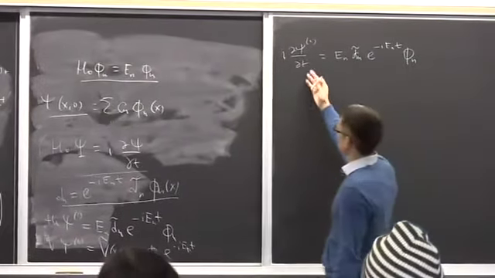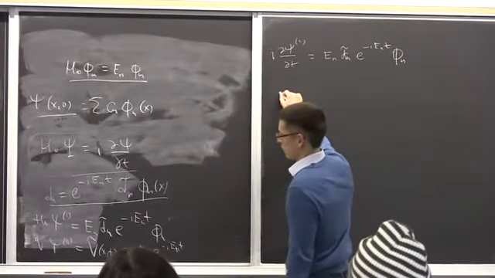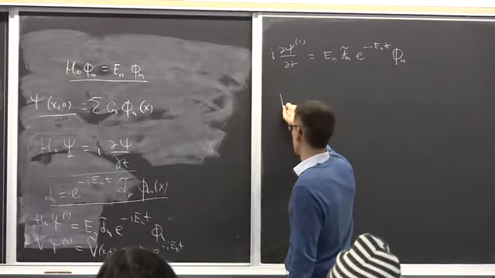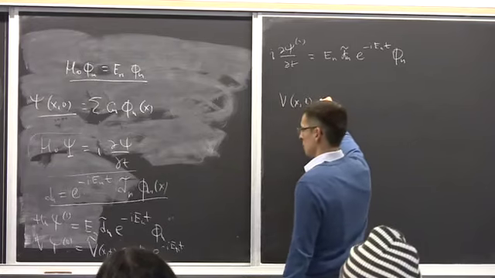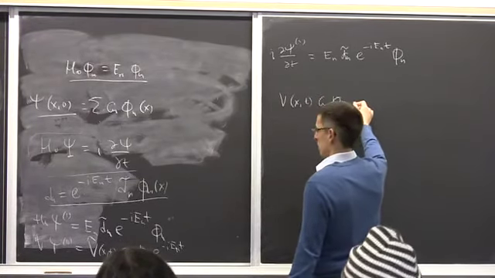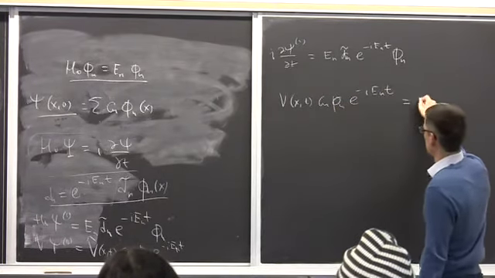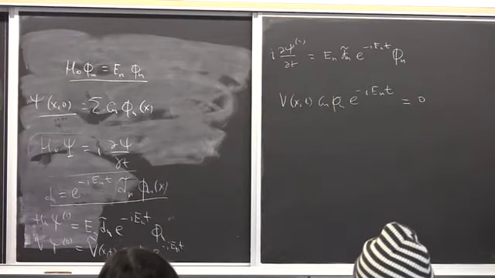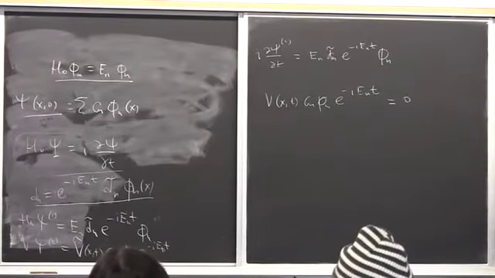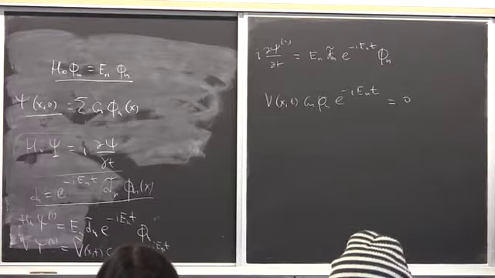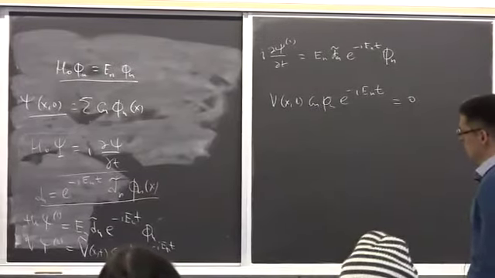And so then the right-hand side will cancel the first term in the left-hand side, and what we are going to end up with is essentially V(x,t) c_n phi_n e^(nt) equals 0. So, not very revealing, plus it's not really even true.